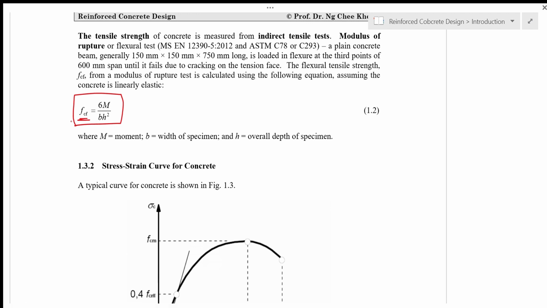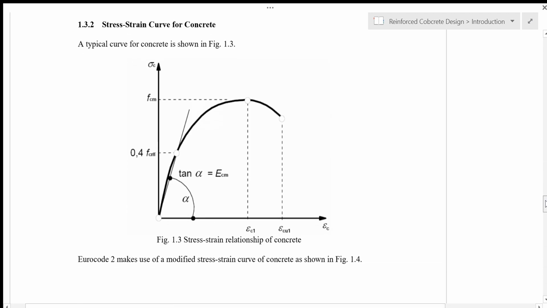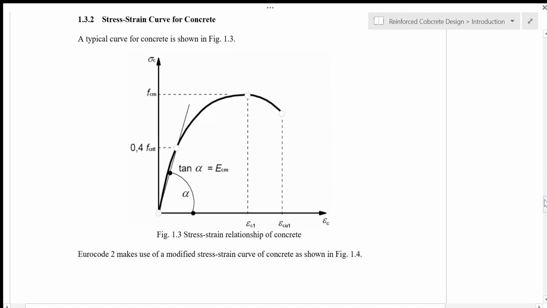When we test concrete under load, if we load the concrete slowly, the deformation of the concrete will follow this line. This is what we call the stress strain curve for concrete.